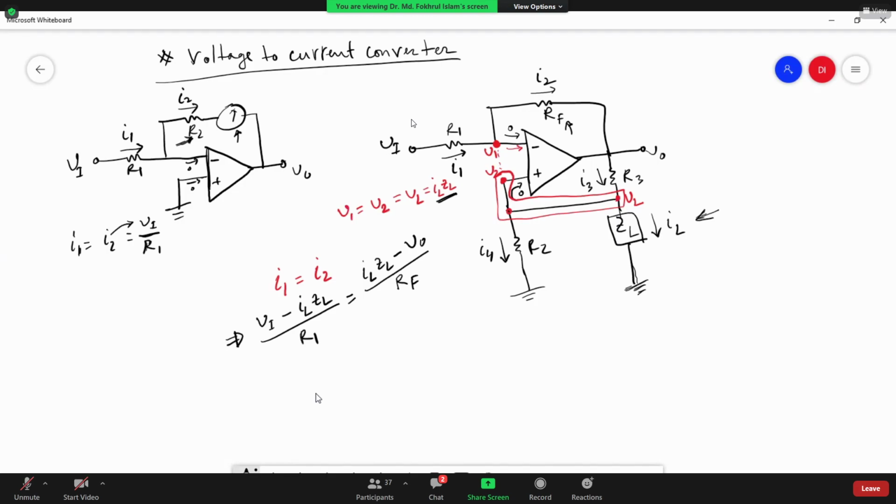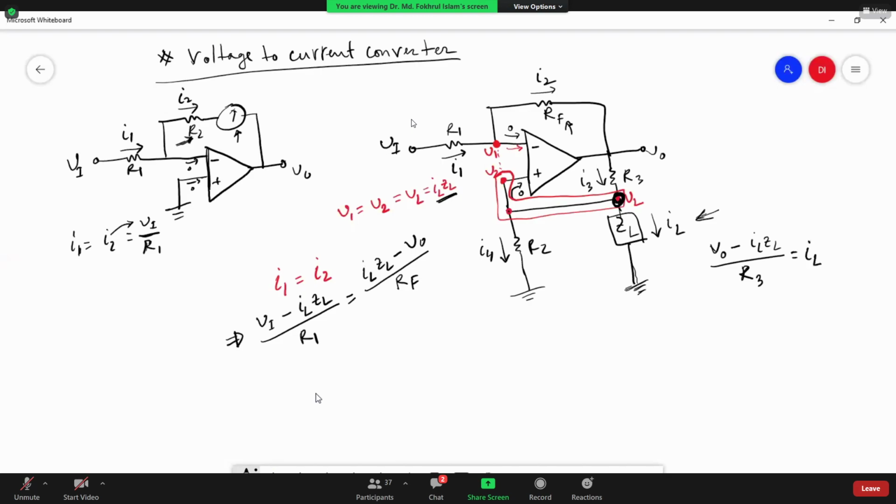And then if we consider the node here, this node, and apply KCL, the entering current equals V0 minus ILZL divided by R3, and the outgoing current is IL.